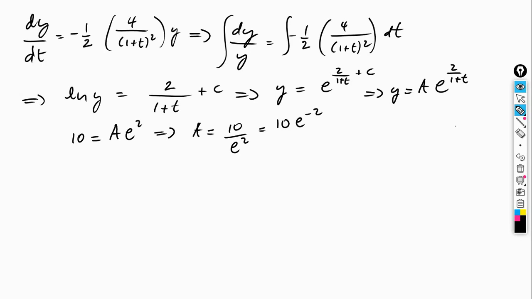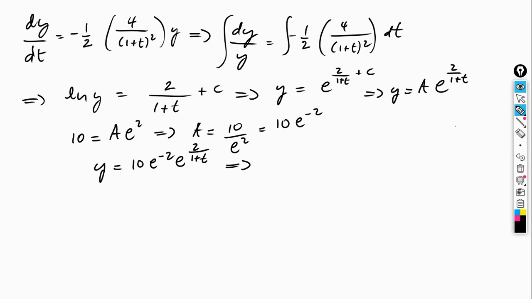So that means that our function is going to be y equals 10 times e to the minus 2 times e to the power of 2 over 1 plus t.